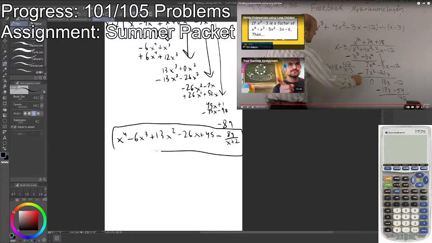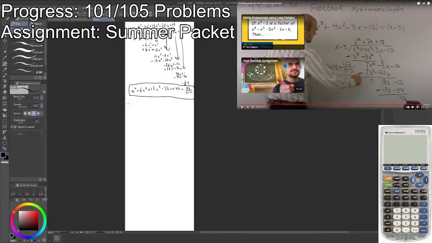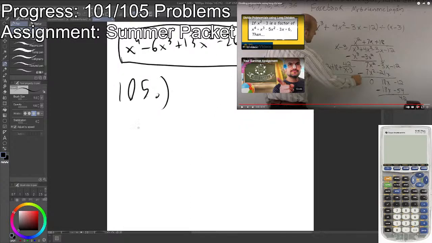Yeah, I kind of like this. It's 105 as long. Yeah, okay. This one has an x cubed plus 1 that we're dividing by. That's weird. Well, I guess we'll see what that does to it.